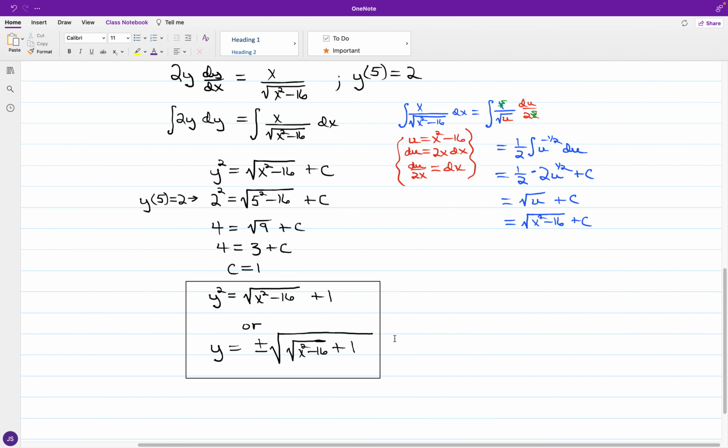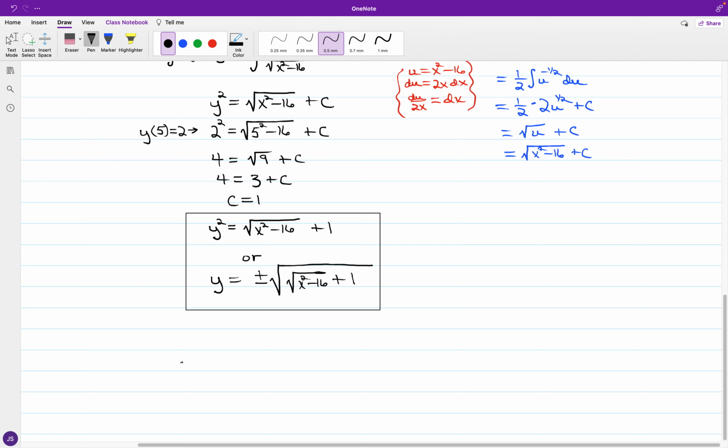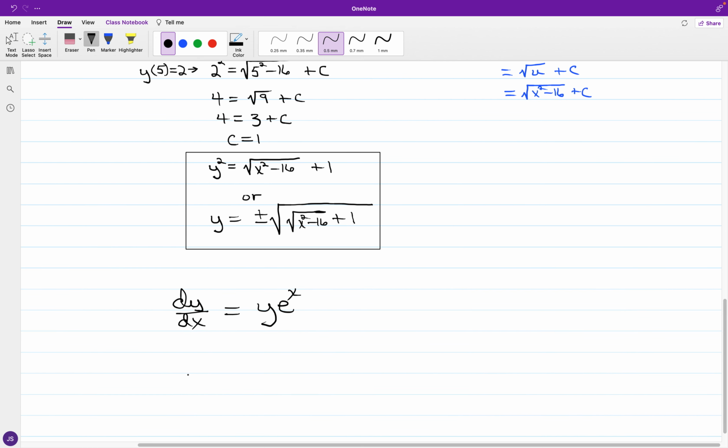Also in the mix, just going back to what we have with the natural logarithmic exponential base e. Say we have dy over dx is equal to y times e to the x. So you have a separable differential equation.